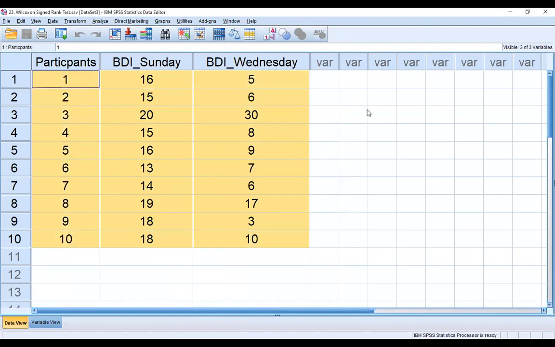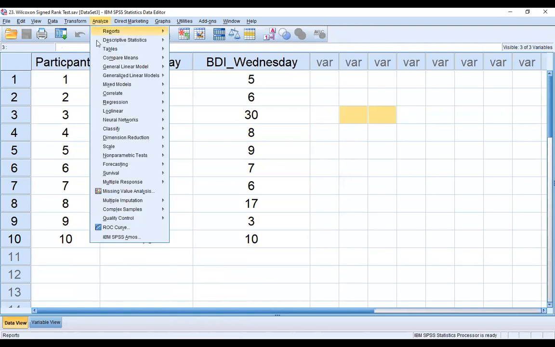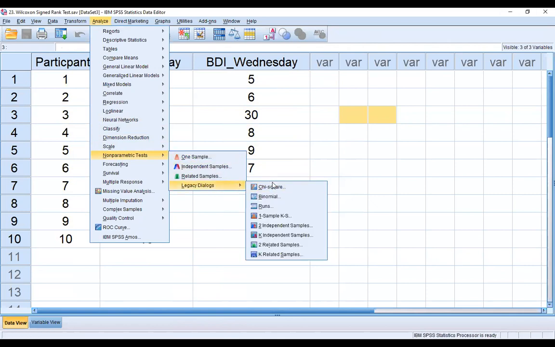Now I am performing the analysis. Analyze, non-parametric tests, legacy dialogues, and two related samples. Okay, please check again. Analyze, non-parametric tests, legacy dialogues, two related samples.